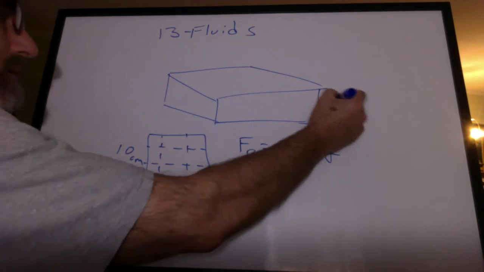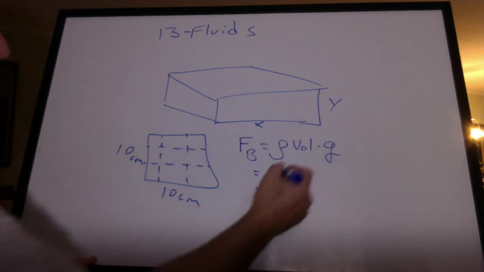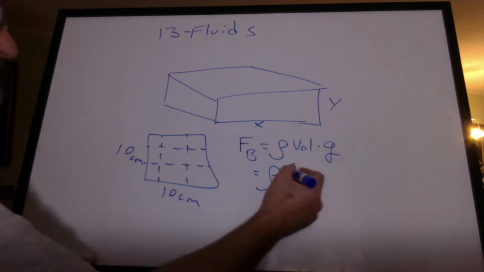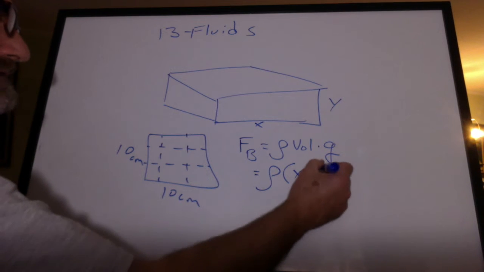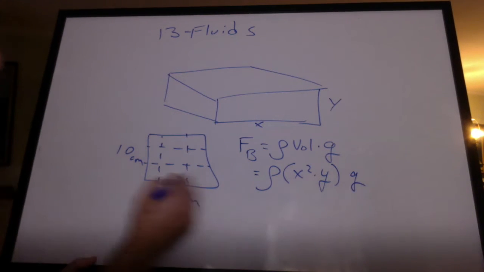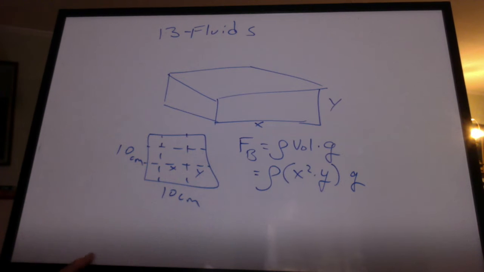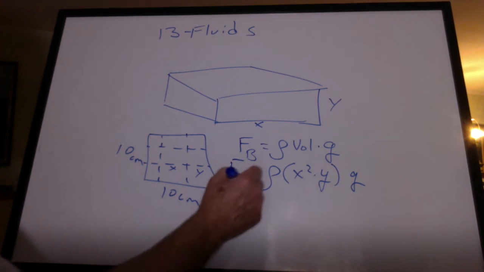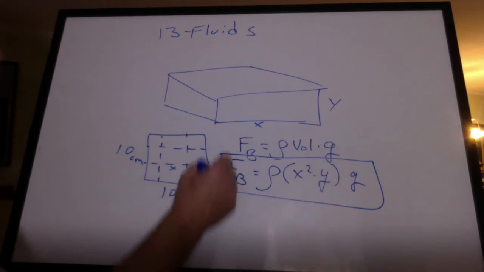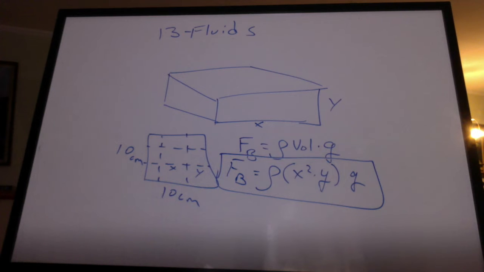Well, let's give this an X and a Y. The volume is going to be X squared times Y. We're going to say this is X, and this height is Y. I think that gives you an idea of what we did to get the weight of the displaced fluid. And of course, to optimize this thing, you have to do a little calculus and figure out what's the maximum volume you can have.